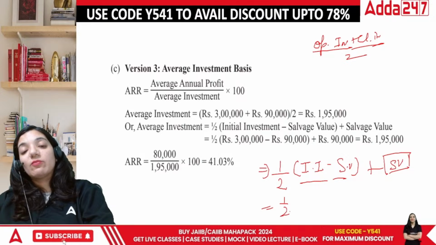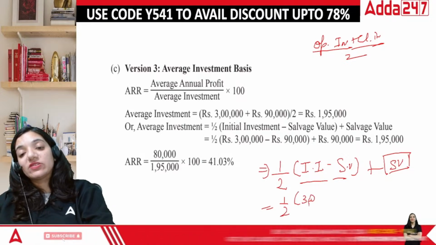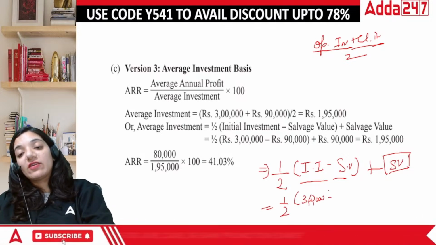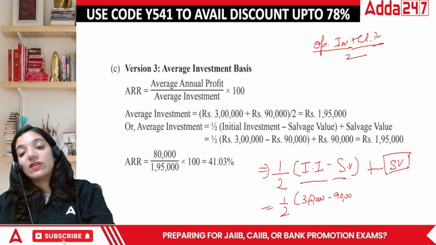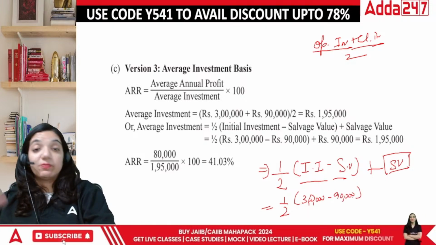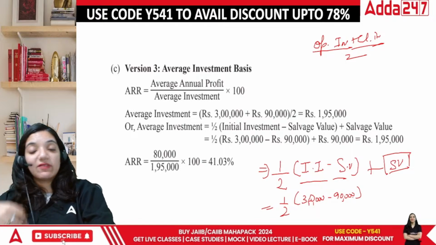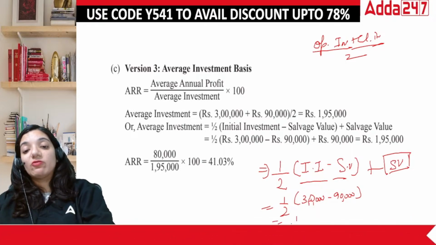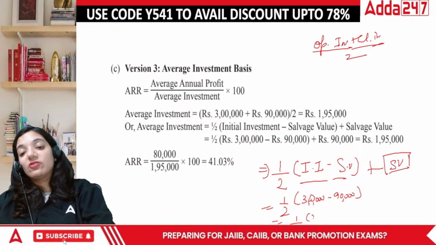You said you are putting money, you spent 3 lakh rupees. From that 3 lakh, remove that 90,000 that you will recover in any case. You have spent 3 lakh into this and you will recover 90. So technically your amount which is staying invested is 2,10,000 only.